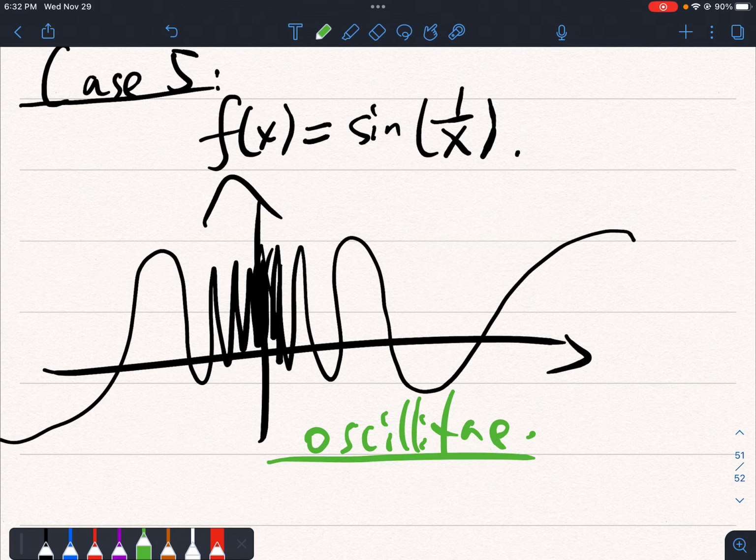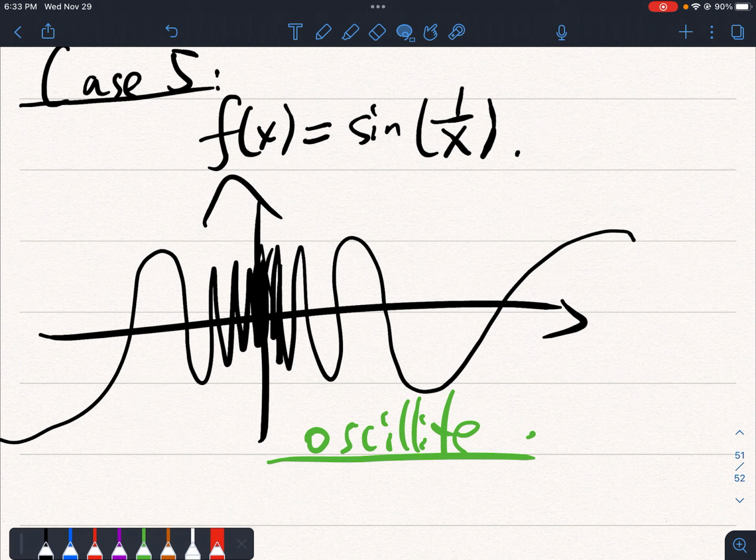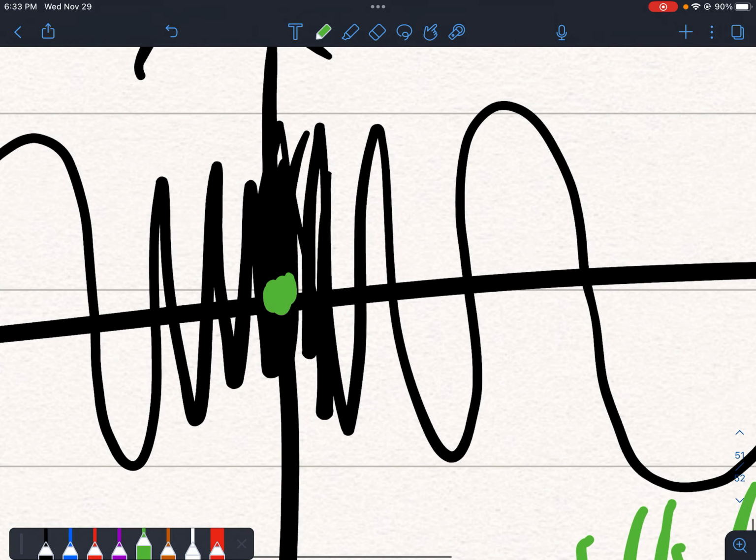So it will oscillate. It will oscillate from -1 to 1, okay, at around 0. So you can see that, let me sketch and put the x-axis here.